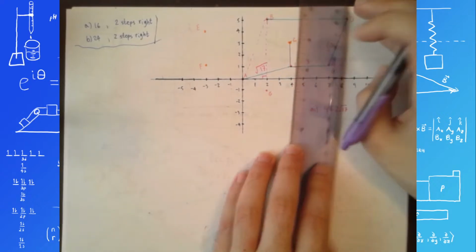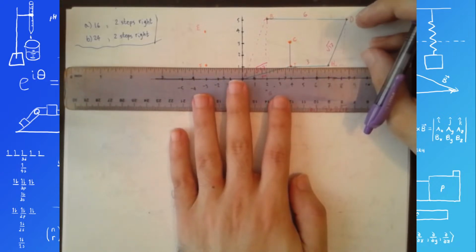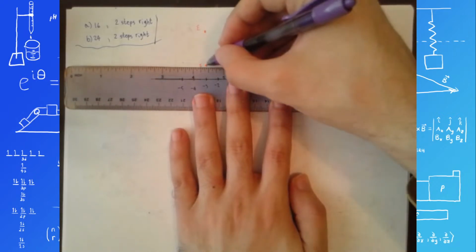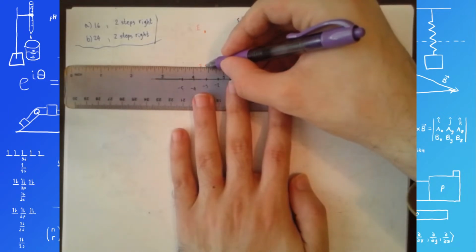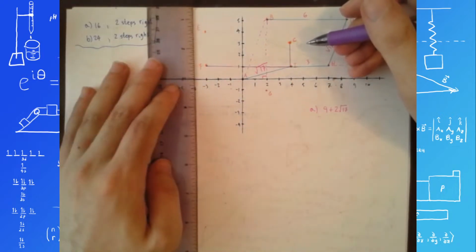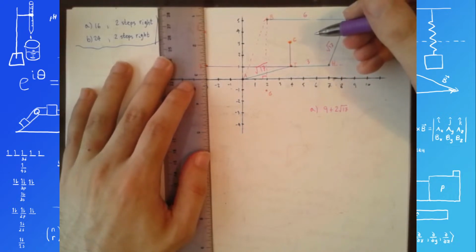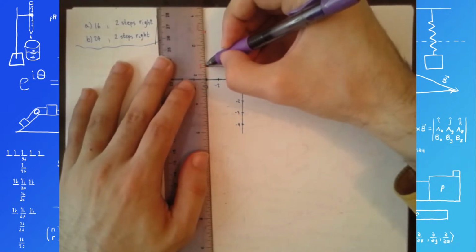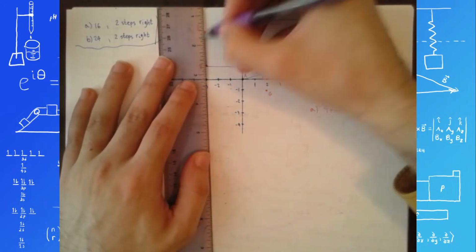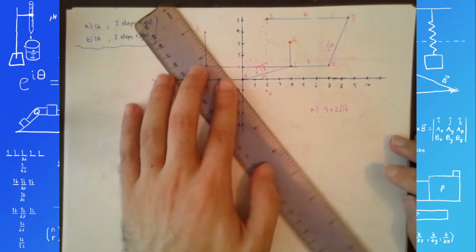C, I, F, E, and where is G? G is all the way down there.